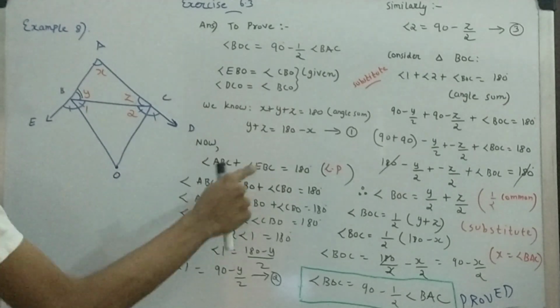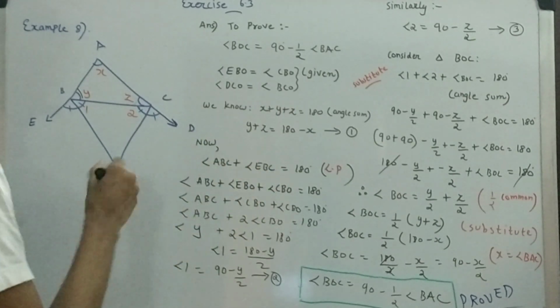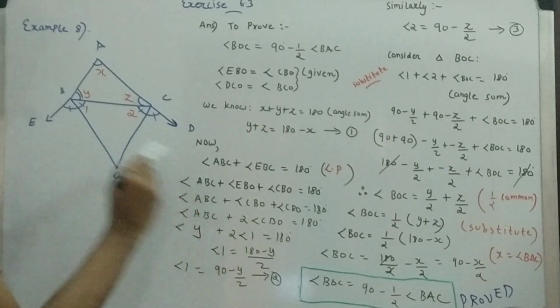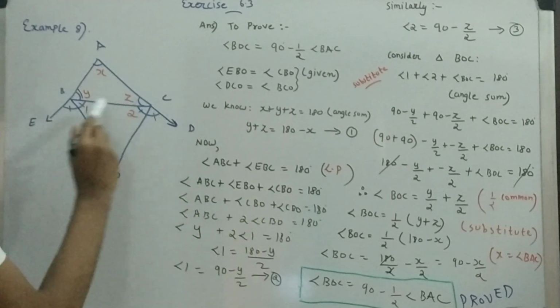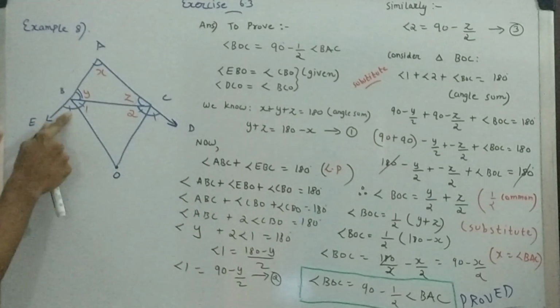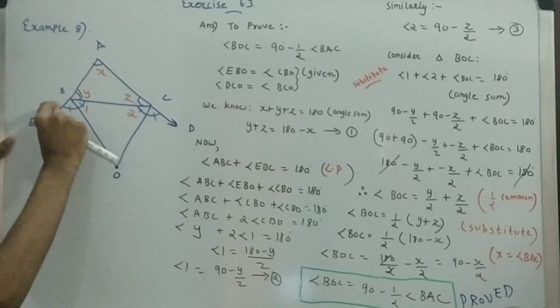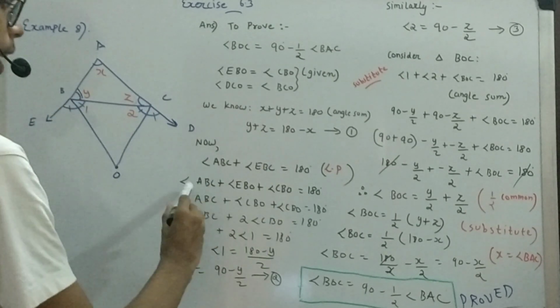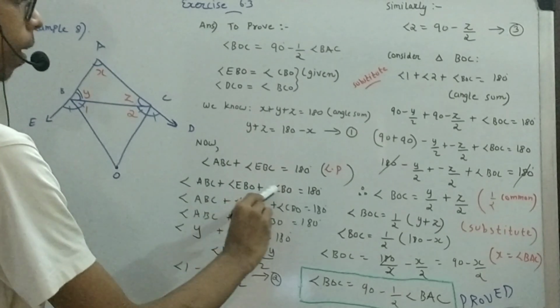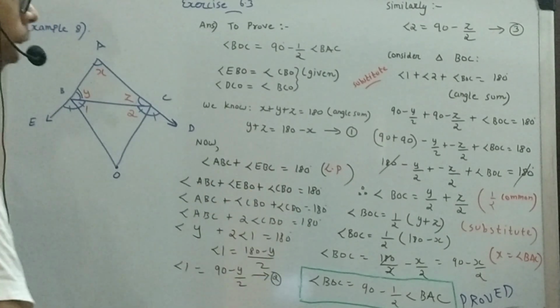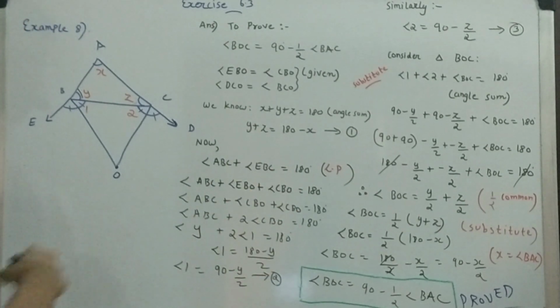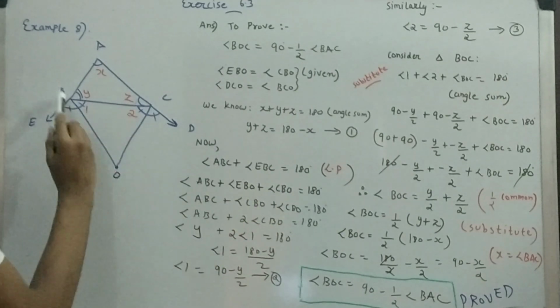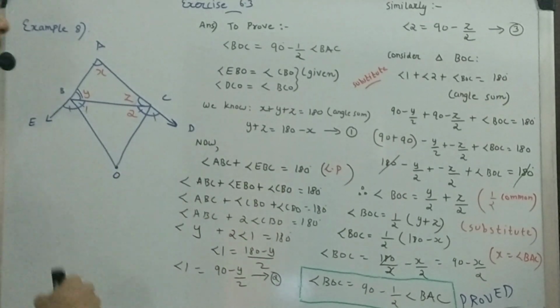Now this angle EBC, we can just split it and write it as angle EBO and angle CBO, because this individual angle and this individual angle together make this full angle EBC. So angle ABC plus angle EBO plus angle CBO is equal to 180 degrees. Now I have considered the angle CBO as angle 1, for our simplicity.